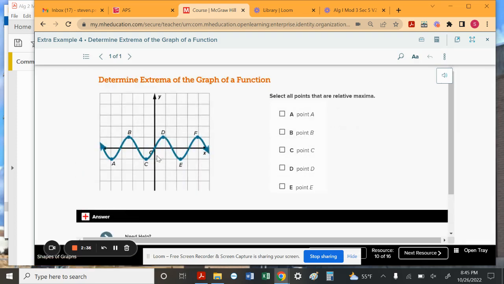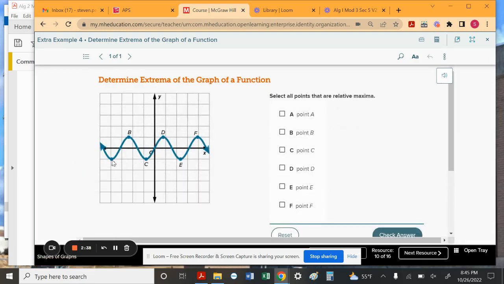Some more extrema, which we did last time, and we hadn't looked at some of these extrema that we're going through now. Notice here that these are relative minimums, A, C, and E, because they take place in a valley. B, D, and E are at peaks, so they are relative maximums.